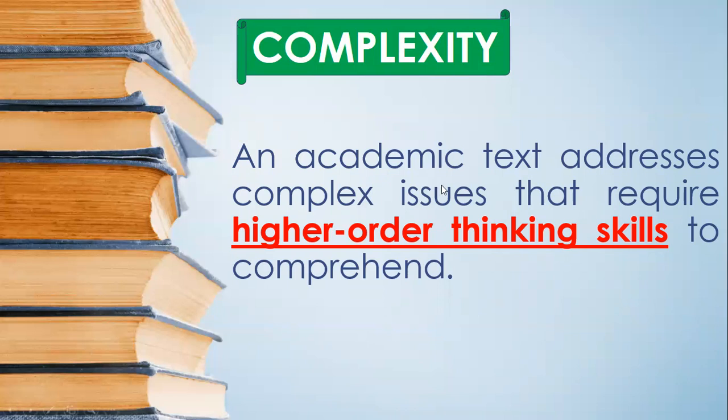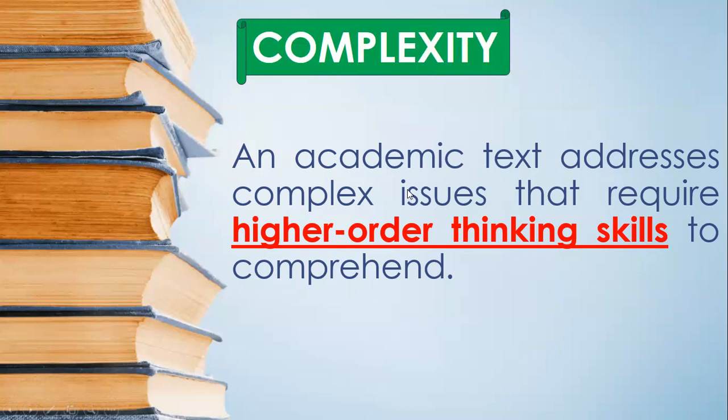As I was saying earlier, when you are dealing with academic texts, you are addressing complex issues. And when you are addressing complex issues, you are making your readers use their higher order thinking skills to comprehend these complex issues. So you are making your readers think outside of the box.